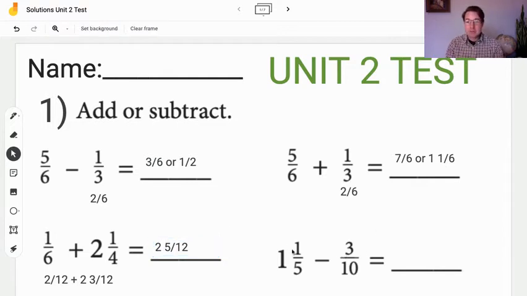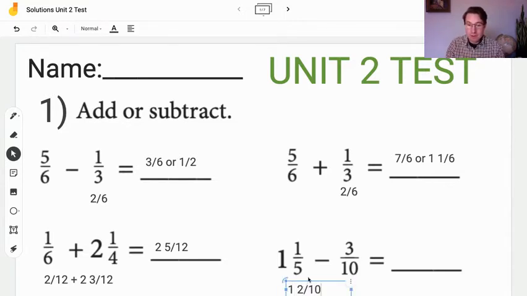Our last one here is 1 and 1/5 minus 3/10. Let's convert to a mixed number. Our 1/5, right off the bat, when you look, you'll see that 5 goes into 10. So therefore, 10 must be the lowest common multiple. 1/5 as a 10th, 5 times 2 is 10, 1 times 2 is 2. So this is going to become 1 and 2/10.